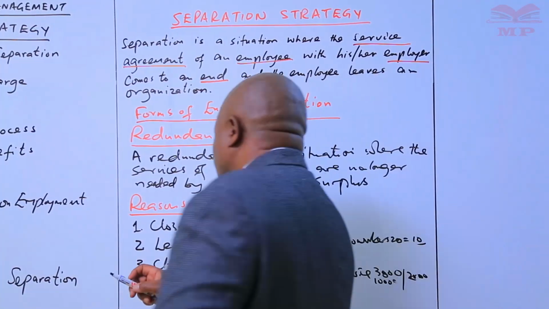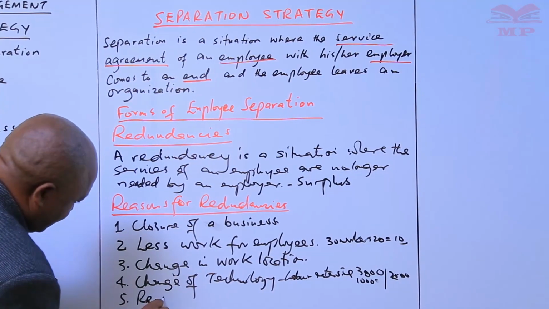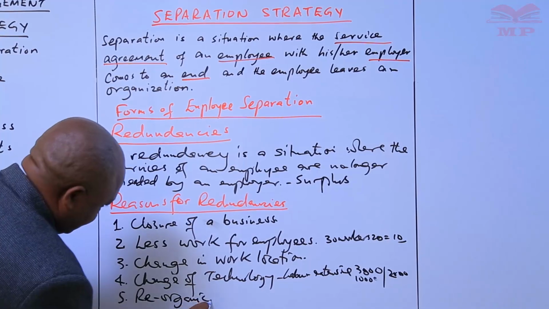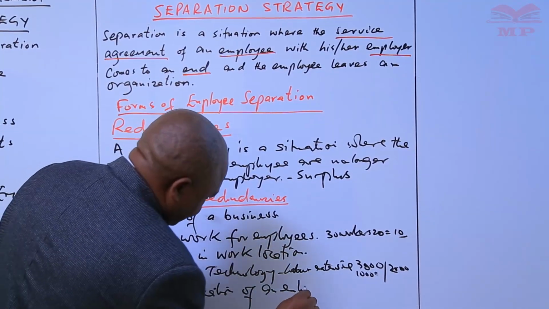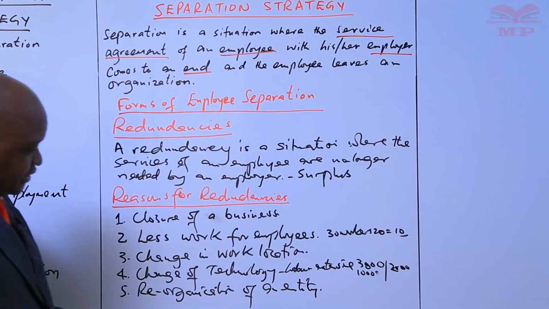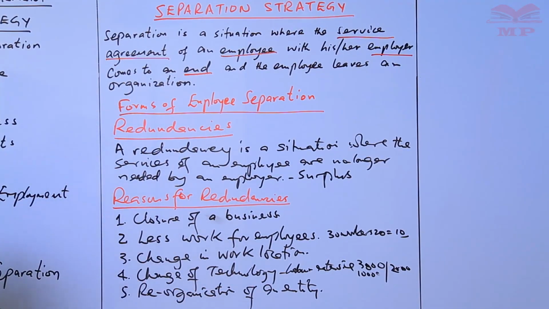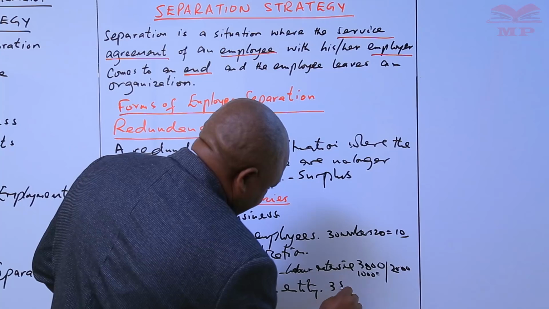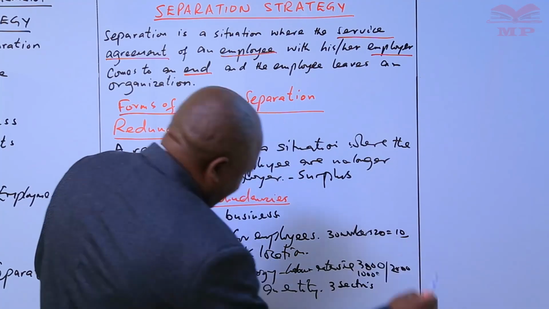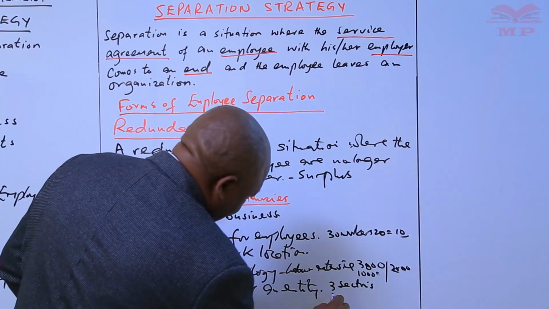Then reorganization of an entity. What this means is that an organization could have been having, for example, 3 sections, and then they decide to bring the sections together so that they only have 2.